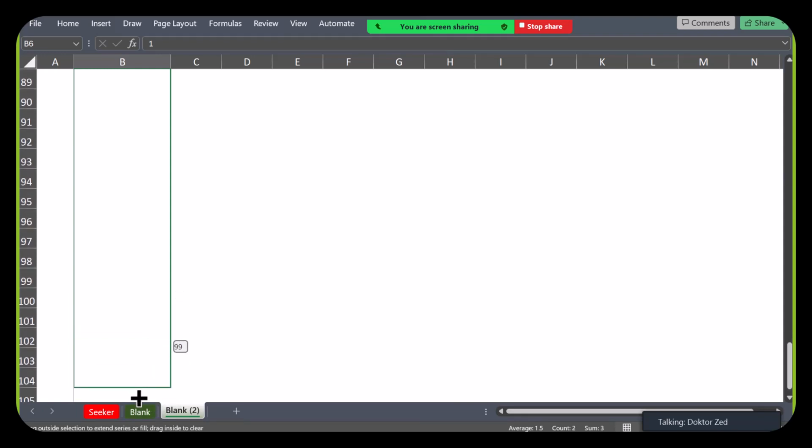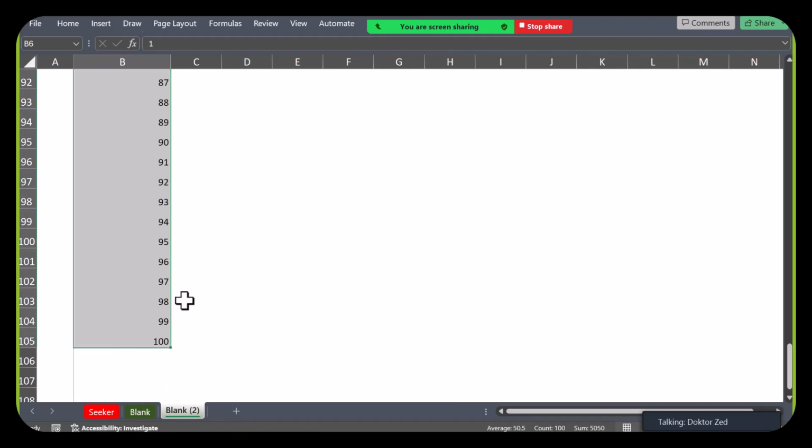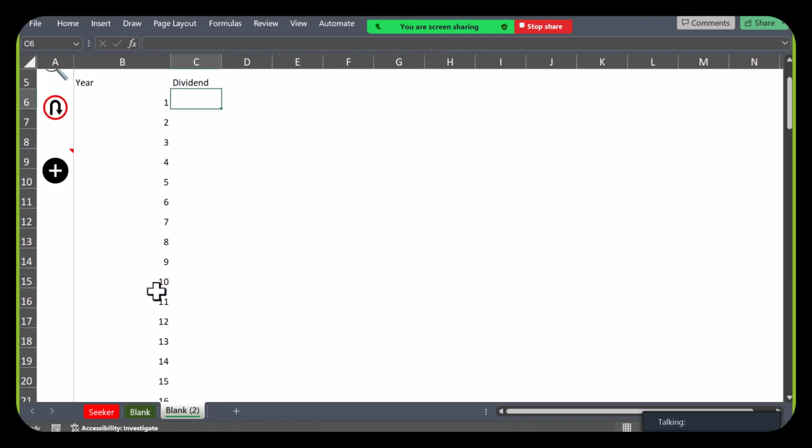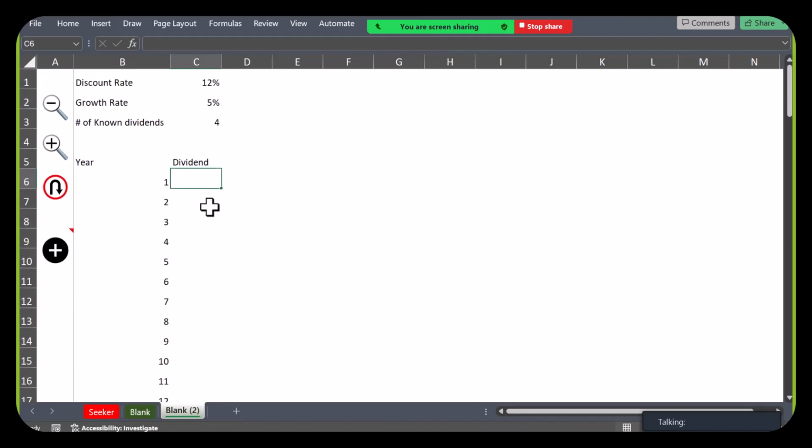When it's your own spreadsheet, you know what to do. You can do whatever you like. Okay, for now, I'm going to put $4.